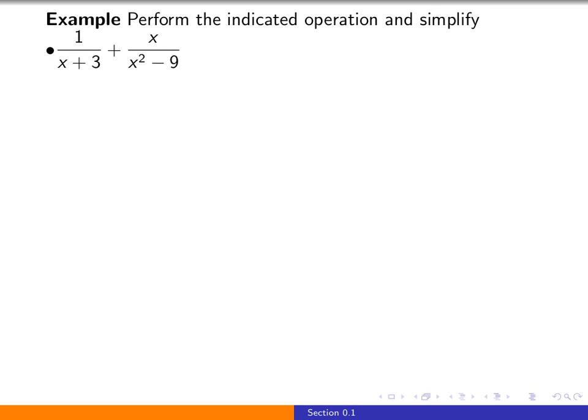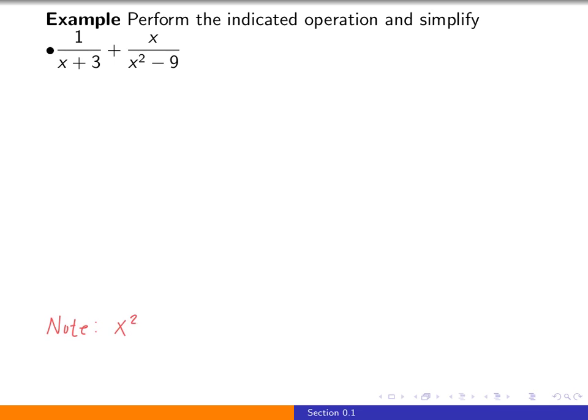So let's finish with one more simple example. We would like to add together these 2 fractions and then simplify our solution. And once again, the observation to make is we have denominators of x plus 3 and x squared minus 9. Somehow we need to get a common denominator. And what one might recall is a difference of squares formula that you have seen in the past.